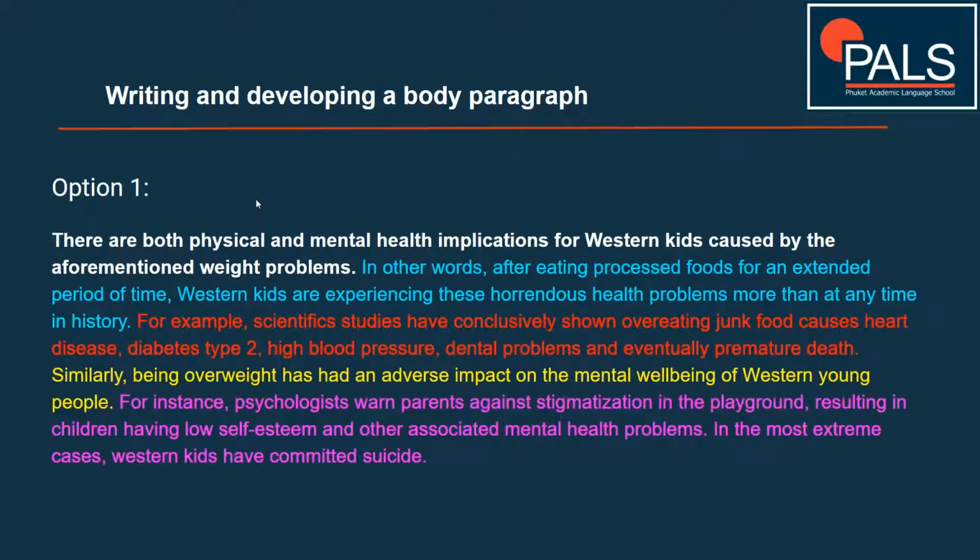For example, scientific studies have conclusively shown overeating junk food causes heart disease, diabetes type 2, high blood pressure, dental problems, and eventually premature death. Similarly, being overweight has had an adverse impact on the mental well-being of Western young people. For instance, psychologists warn parents against the stigmatization in the playground, resulting in children having low self-esteem and other associated mental health problems. In the most extreme cases, Western kids have committed suicide.